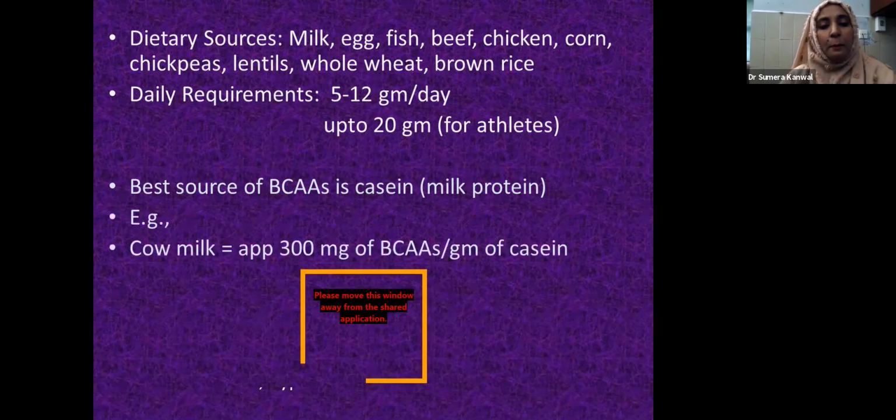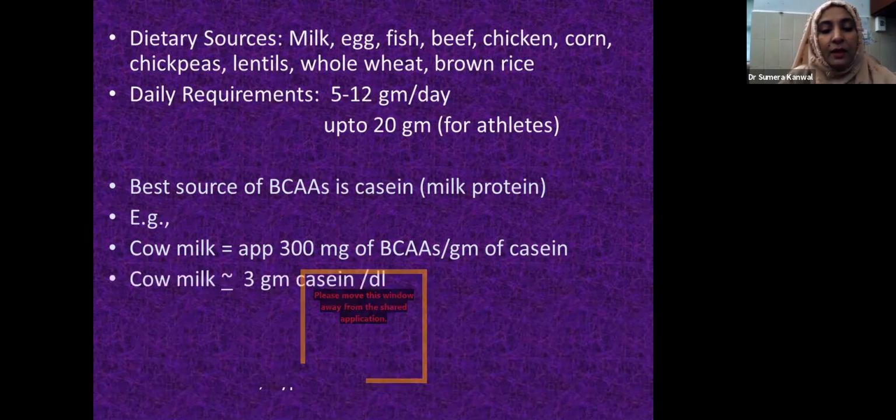For example, 1 gram of casein contains approximately 300 milligrams of branched chain amino acids, and 100 ml of cow milk contains approximately 3 grams of casein.